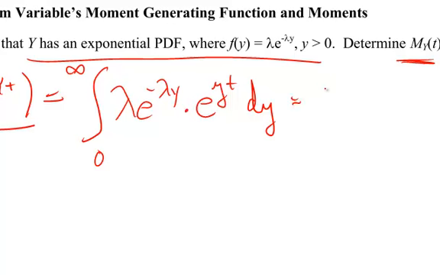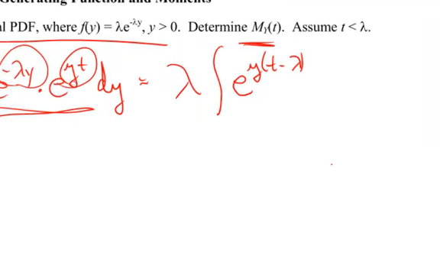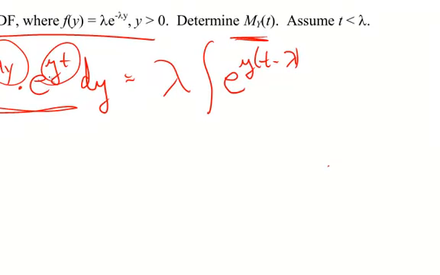So this is just, if you don't mind, I think I'll pull lambda out front. This is e to the, let's say, y times t minus lambda. Because when I multiply, I add exponents, so I'm pulling out the y, and that leaves t minus lambda, dy.